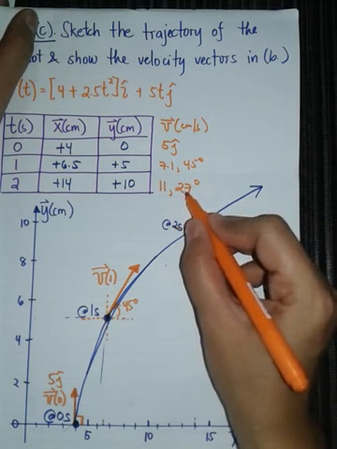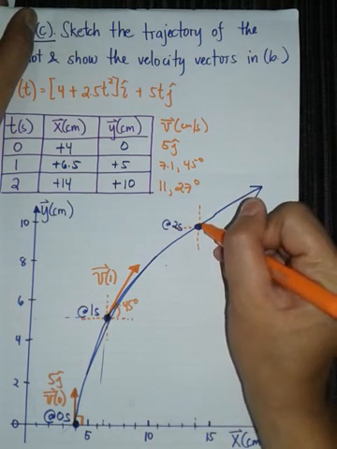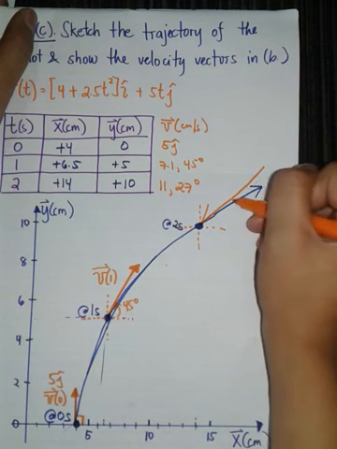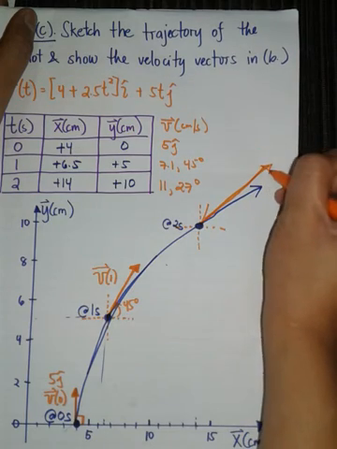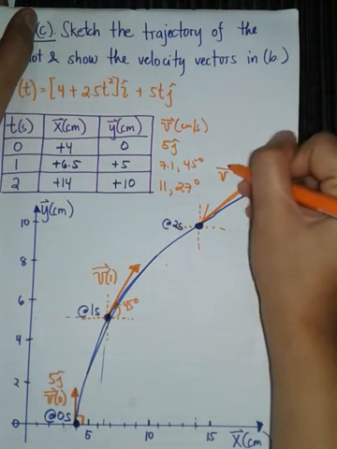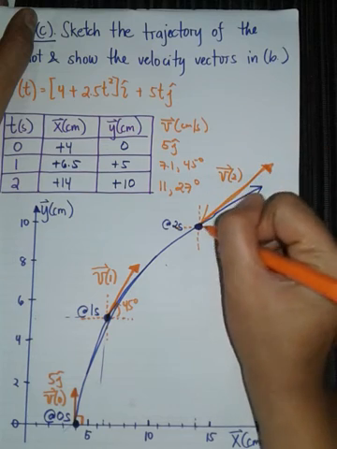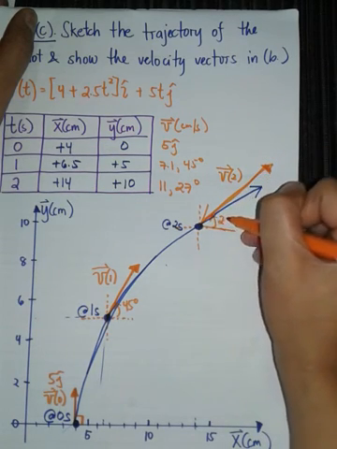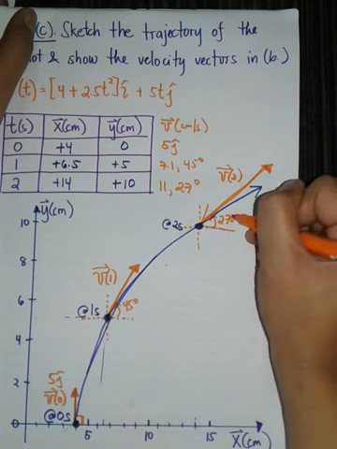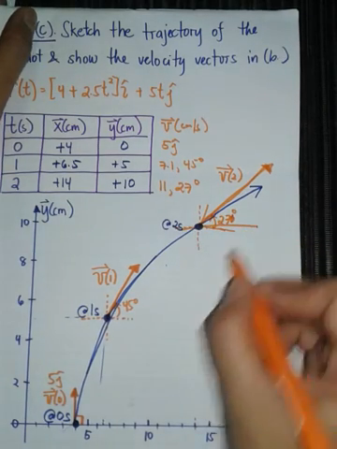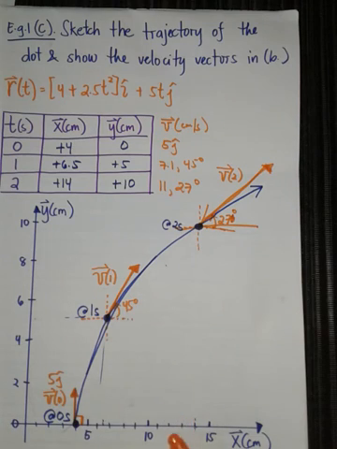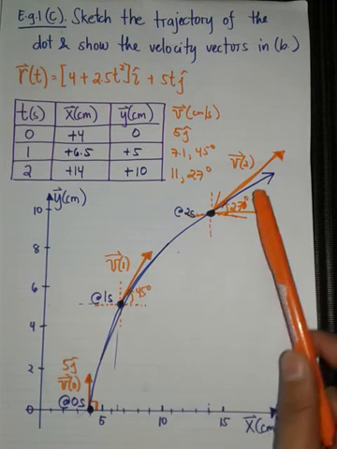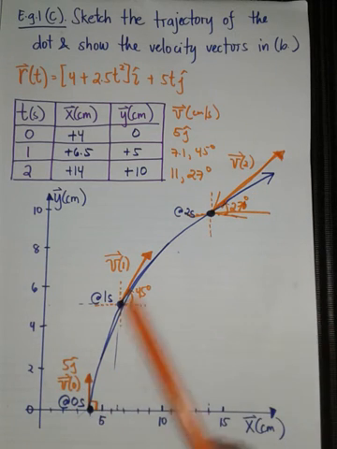If this is 30 and 60, then 27 degrees is somewhere here, and the longest line is the velocity vector when time is 2, with a magnitude of 11 centimeters per second at around 27 degrees.